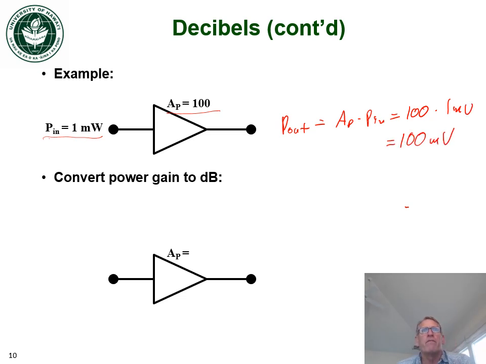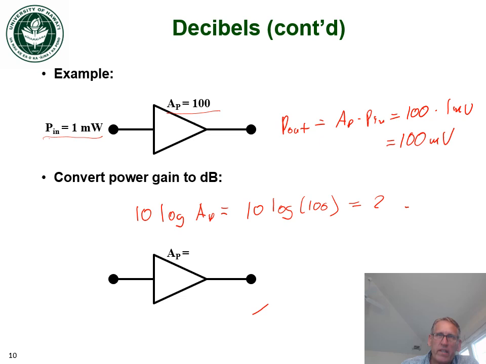We can convert this to dB, and we'd say that our power gain is 10 log of AP, which would be 10 log of 100, which would be 20 dB of power gain. So AP would equal 20 dB.